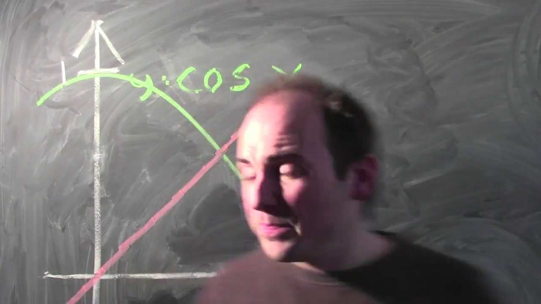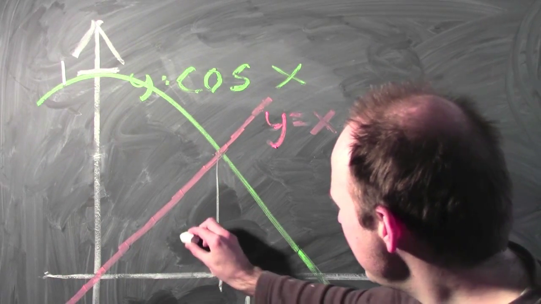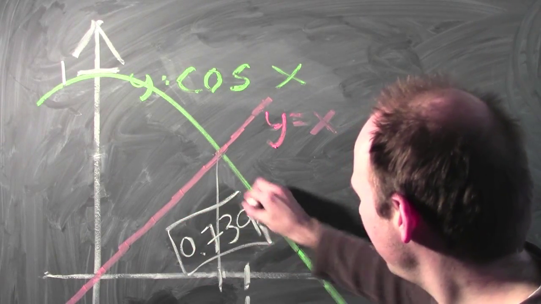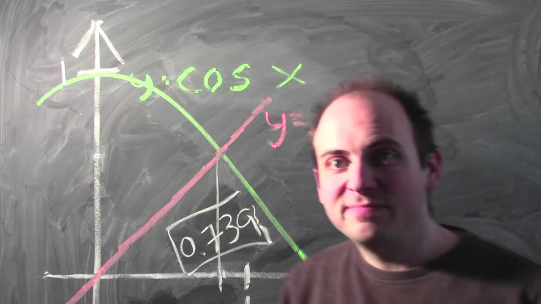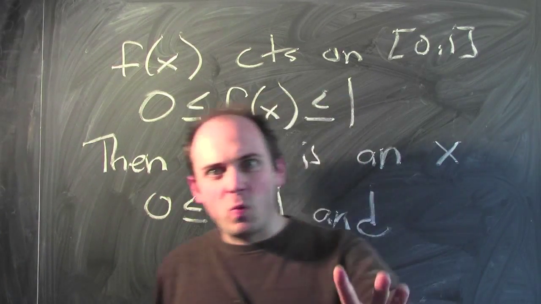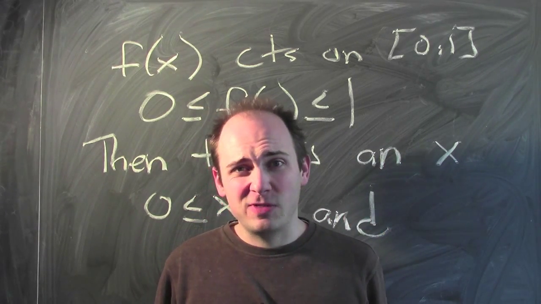Using the computer, I found that this point is at about 0.739. So we found a number between 0 and 1 whose cosine is itself. It's a fixed point for cosine.